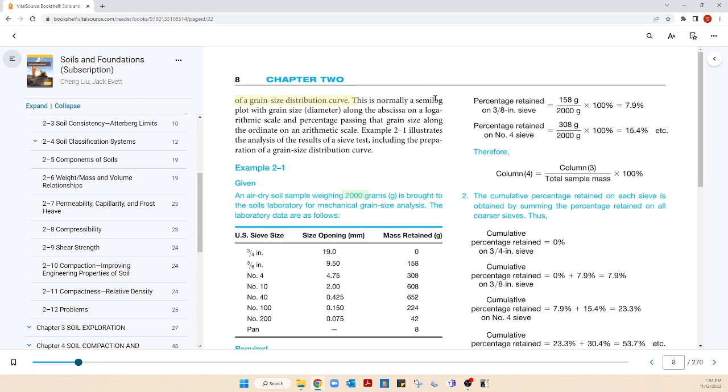I've talked about the semi-log plot, and we'll get more into that. We have an example, and the example is a problem, but it illustrates the analysis of the results of a sieve test. Now, the second video you watched, I believe this lady went through the same exact thing as you're going to go through here.